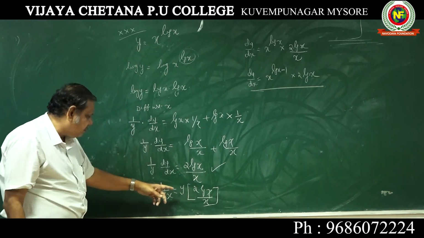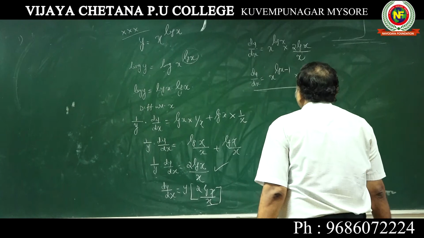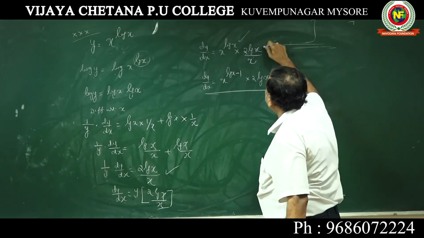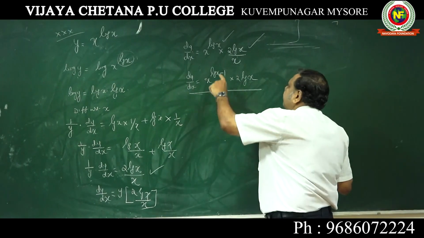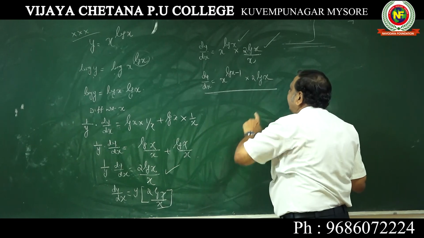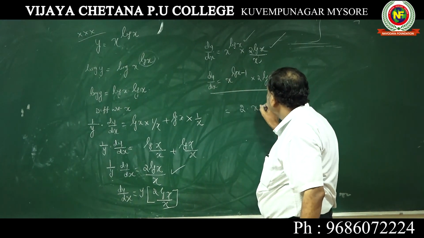Now dy by dx equals y into 2 log x by x. Replacing y, dy by dx is equal to x to the power of log x into 2 log x by x. Now a to the power of n by a to the power of m, bases are the same, so you can shift it: x to the power of log x minus 1, 2 log x. You can also keep it like this if you want.